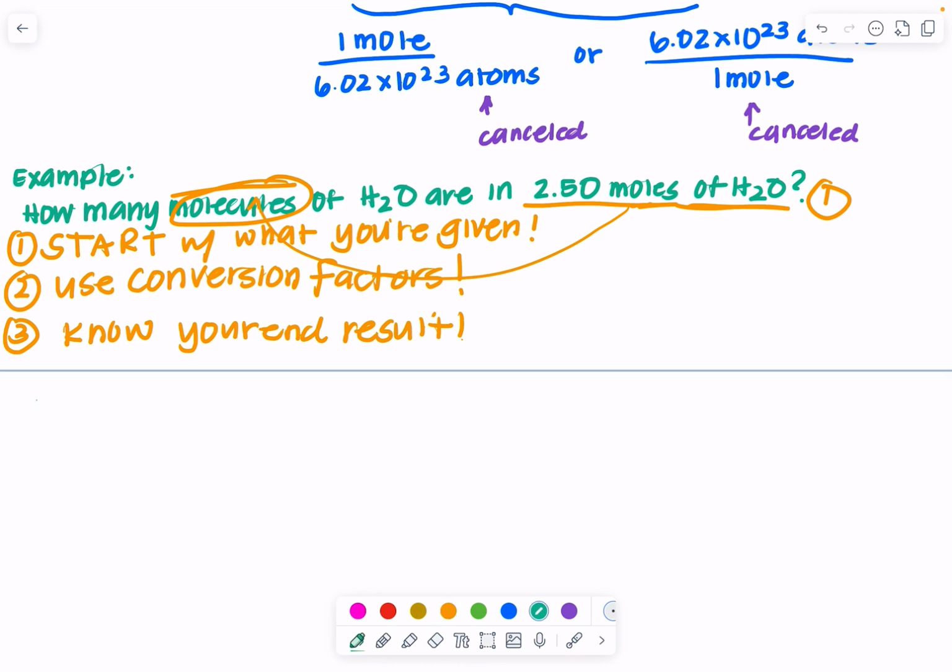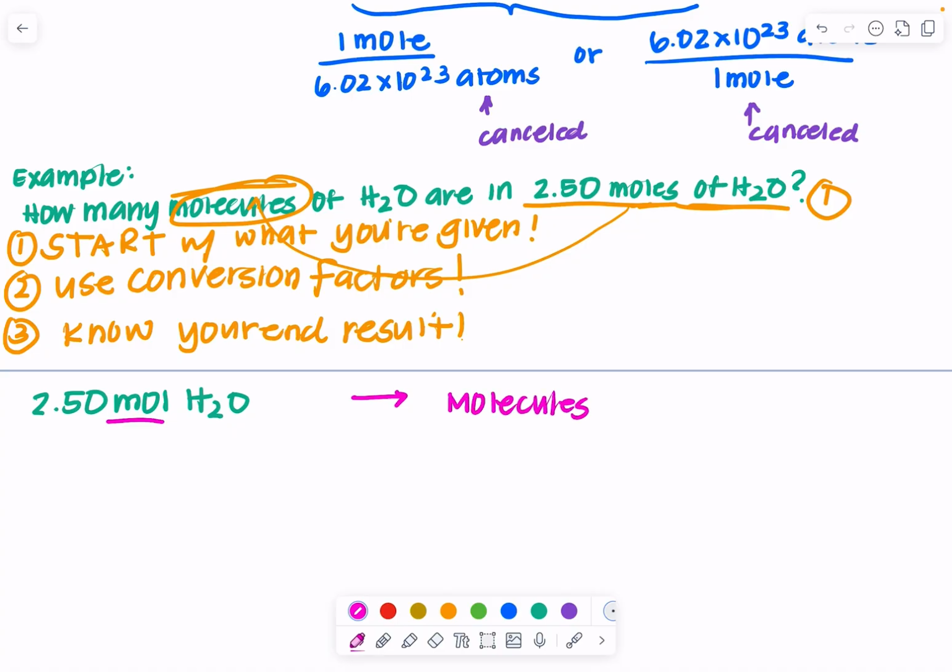We're going to write out 2.50 moles of H2O, because that's what we're given. Moles is on the top here. We want to get rid of moles and we want to go to molecules.